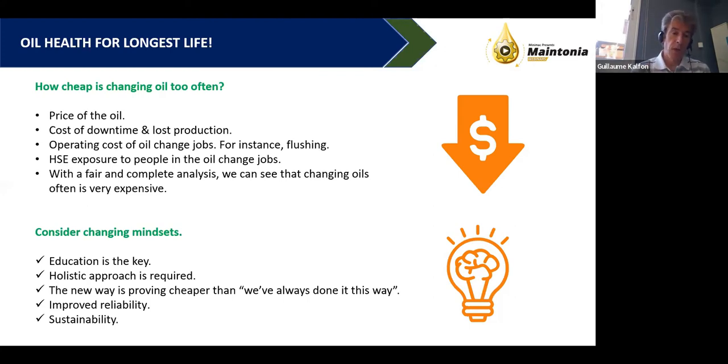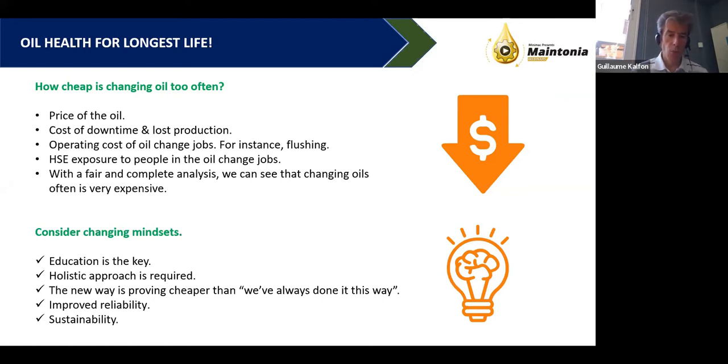Also, when we change oil, we need downtime to drain and to do some jobs and to restart the machine. So this is downtime. And in some cases, when there is no standby for this machine, it can be lost production. So then that's a big cost. Also, there are operating costs for oil changes. For instance, you may need to do a flush between two oil charges. So that's another cost. Also, not really a cost, but a risk exposure.